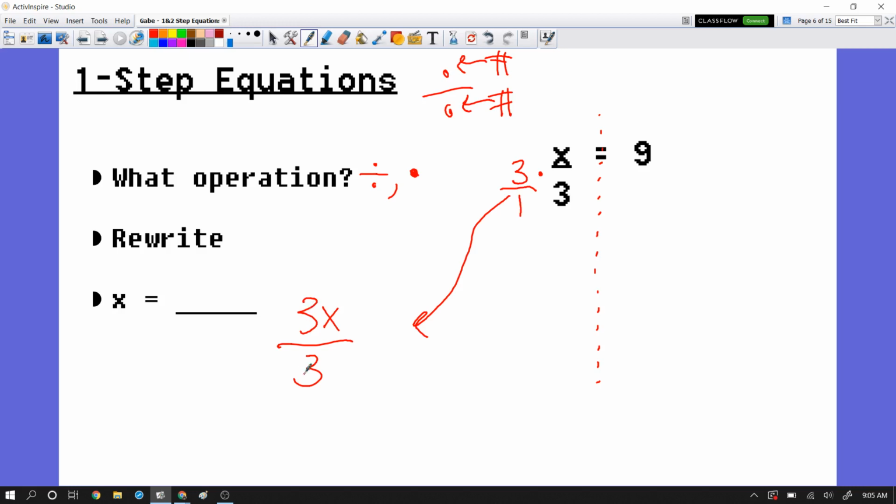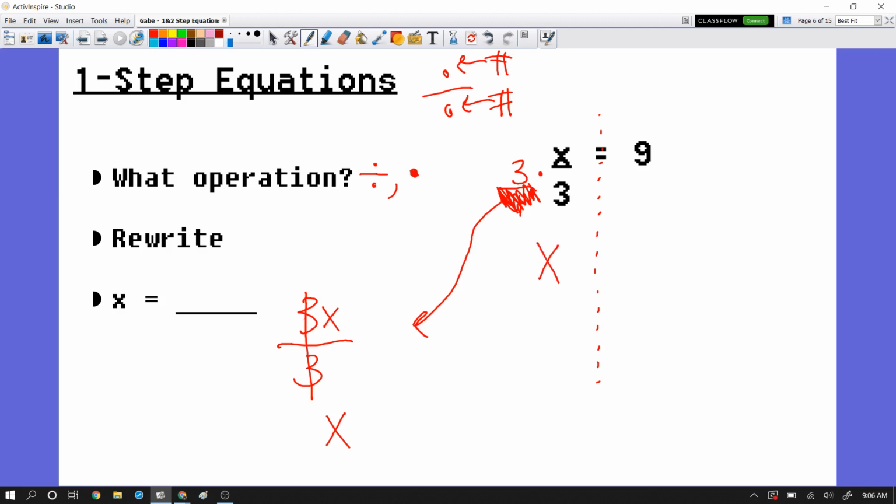And then what's 3 divided by 3? 1. And that's what leaves you with x. So just know that whenever we're multiplying by the opposite of the operation, that's the idea that's happening. So this leaves us with x.